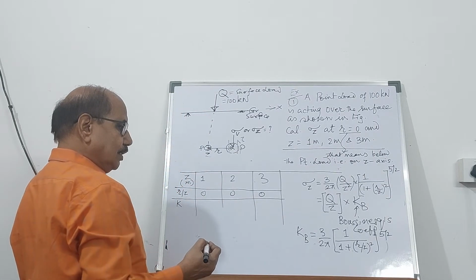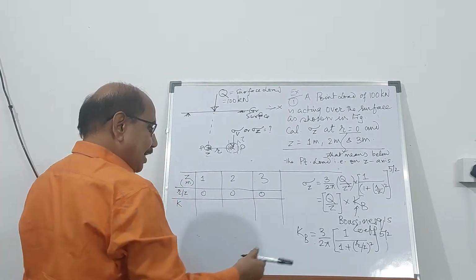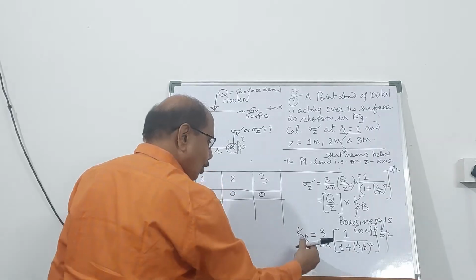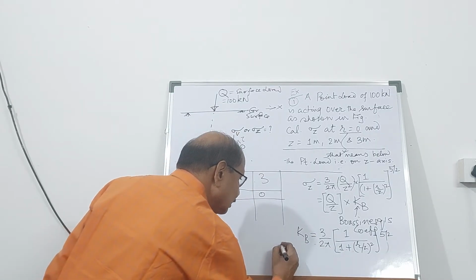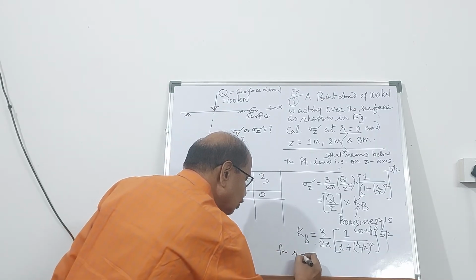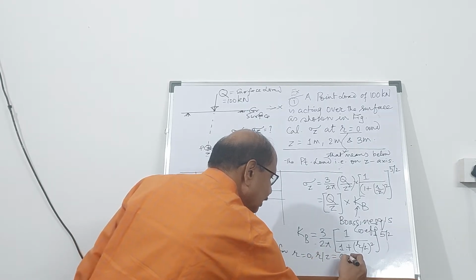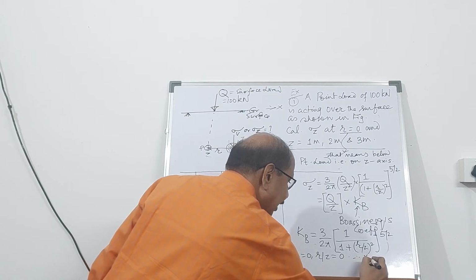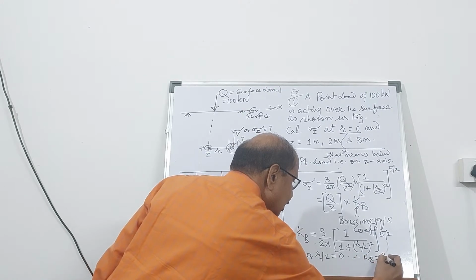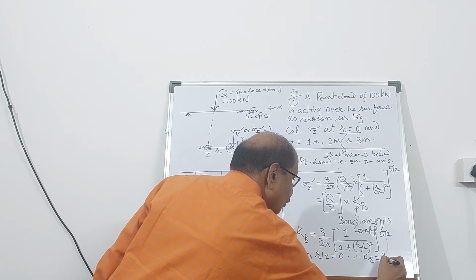This is the value of Kb. When r equal to 0, r by z equal to 0, therefore Kb becomes 3 divided by 2 pi.